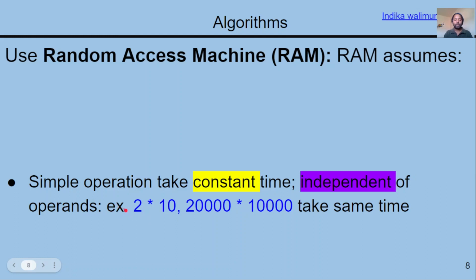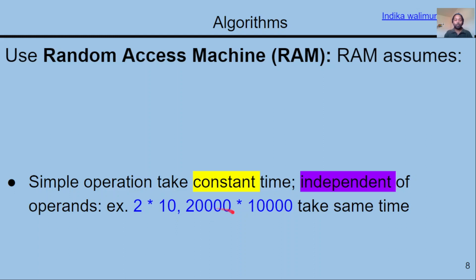So if we take this example, multiplication between two numbers, we have two operands, 2 and 10 over here, and in between we have the multiplication operator. And in here we have 20,000 and 10,000. So the model assumes both these operations take the same time, and it's independent of the operands.